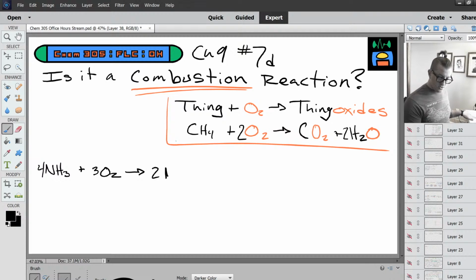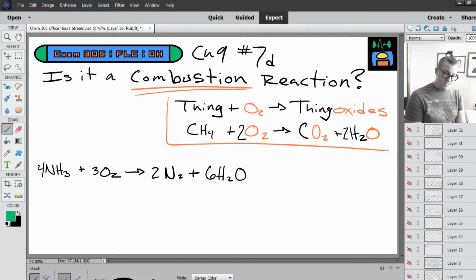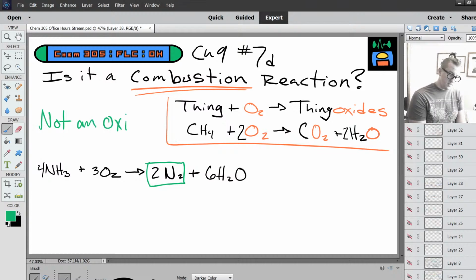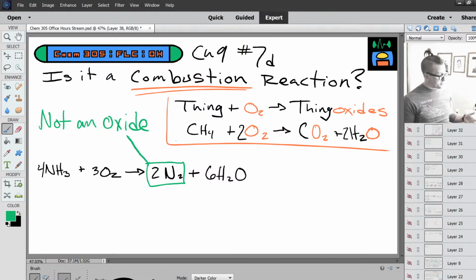Producing 2 nitrogens plus 6 waters. This is not a combustion because this right here is not an oxide. It's not just adding O2. All of your products have to be oxides along the way.